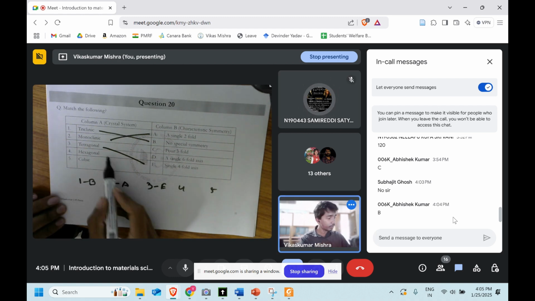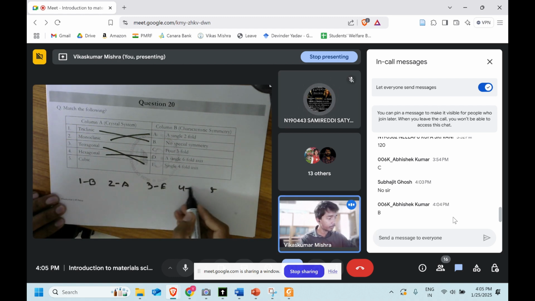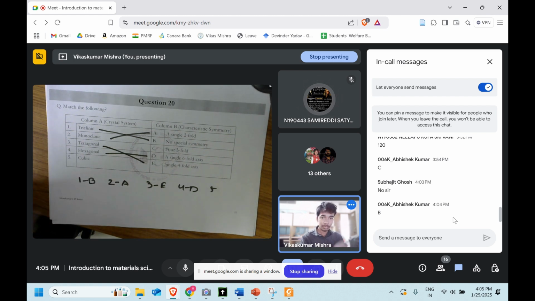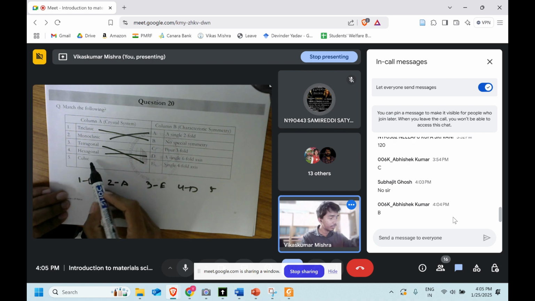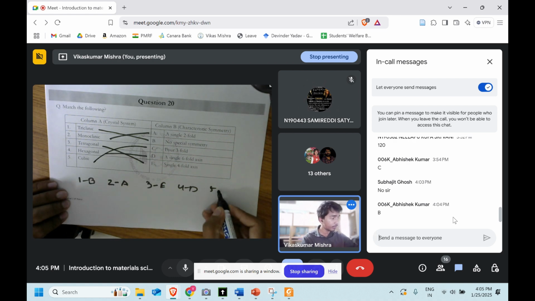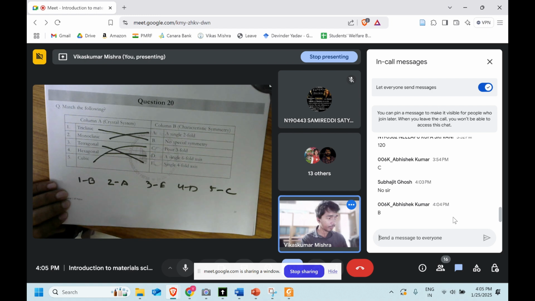It matches option D, and the cubic one is the left one. We have talked a lot about this. It matches option C, four threefold. So the sequence is B, A, E, D, and C.